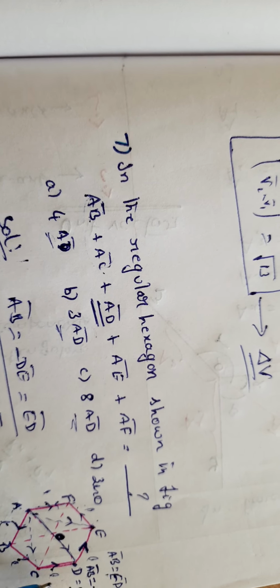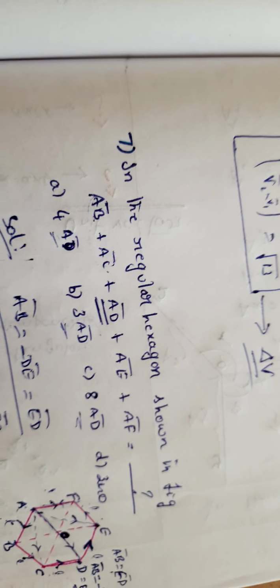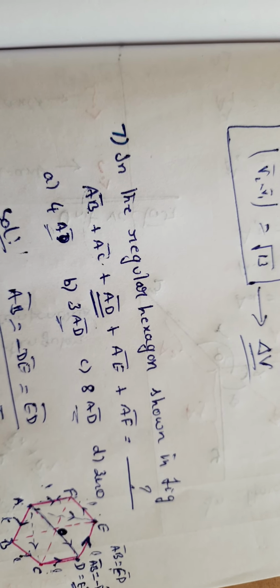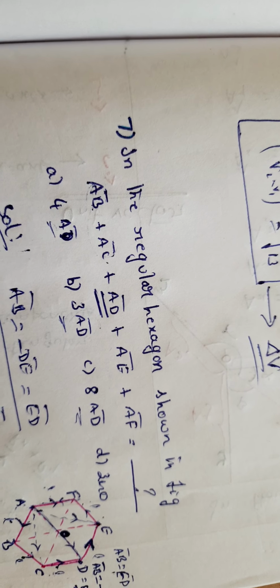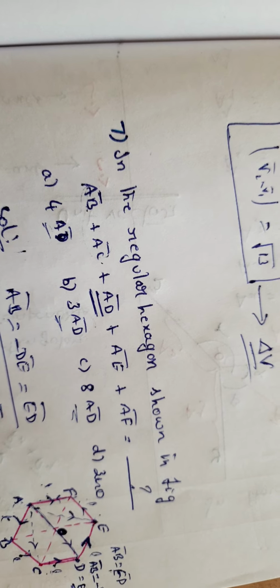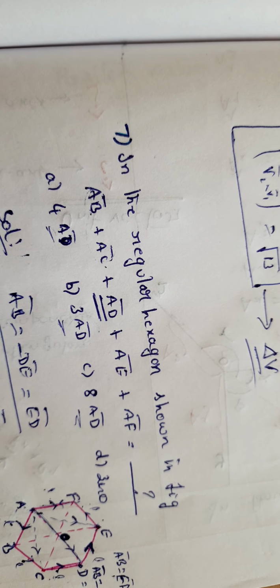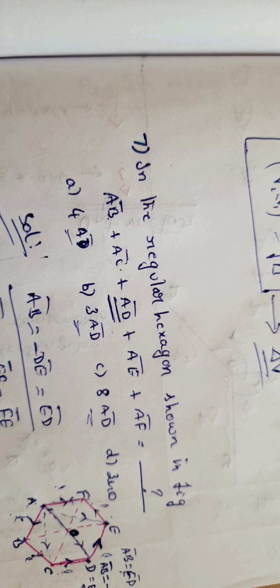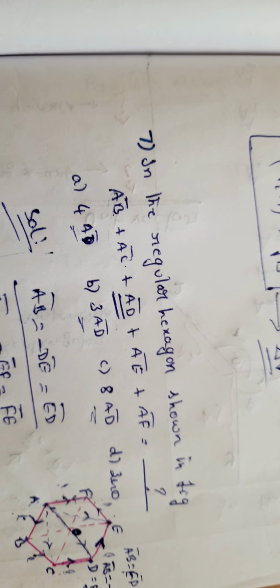Similarly, observe these two. Now I'll write CD bar is equal to minus EF bar, which is equal to AF bar. Right, which is equal to AF bar.